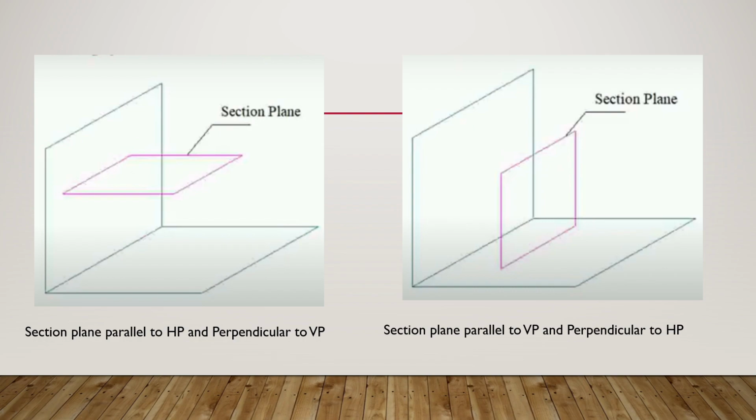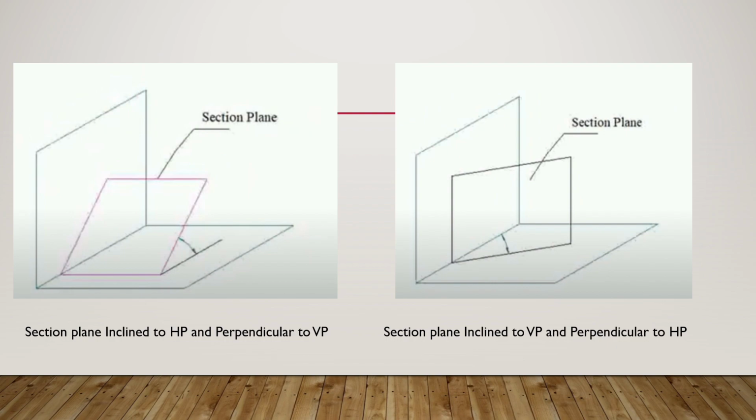In this case, in front view we can see the complete shape of the object and the section plane as a line, and in top view we can see the sectional view of the component. The second one, when the sectional plane is perpendicular to the horizontal plane and parallel to the vertical plane, in top view we can see the complete component, and in front view we can see the sectional area.